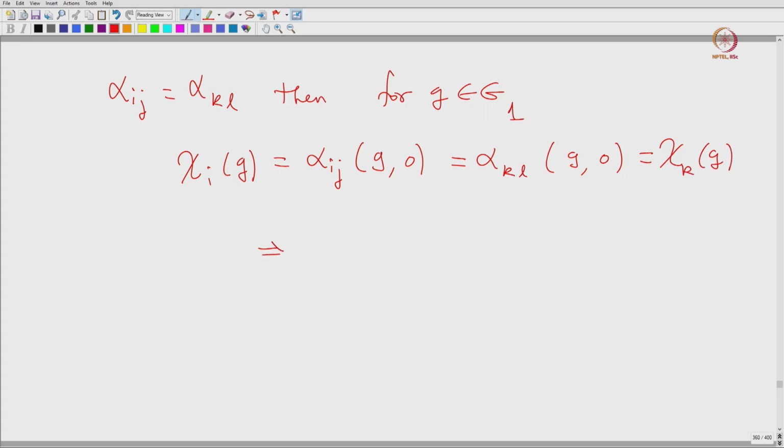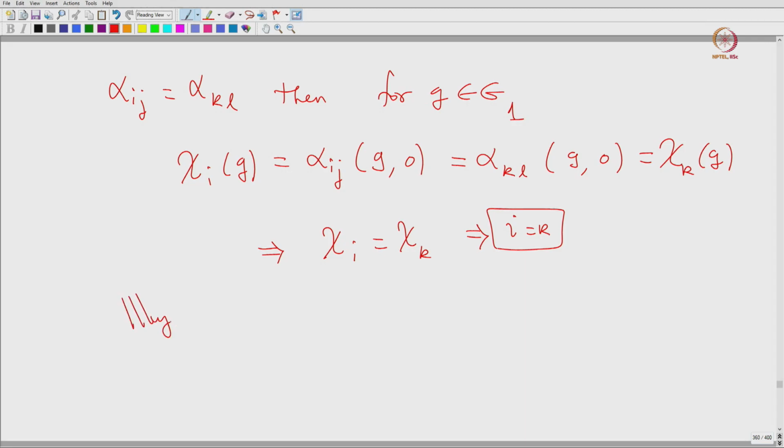So this is true for all g in G1, that implies that chi i equals chi k, but they are all distinct unless i equals k. So this proves i should be equal to k.